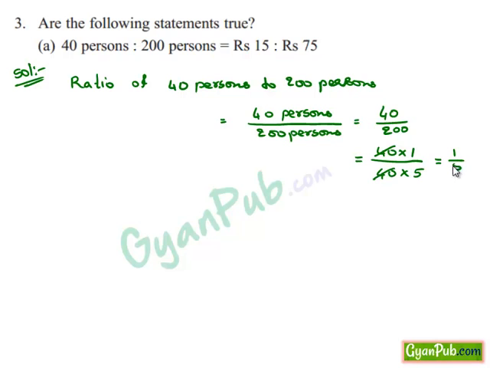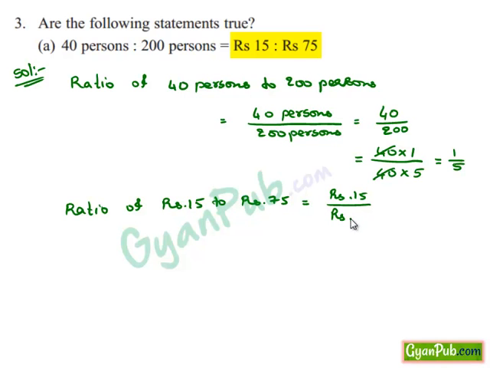Similarly, ratio of rupees 15 to rupees 75 is equal to rupees 15 upon rupees 75. Here both are having same units. So we can cancel out that and we will get the fraction as 15 upon 75.